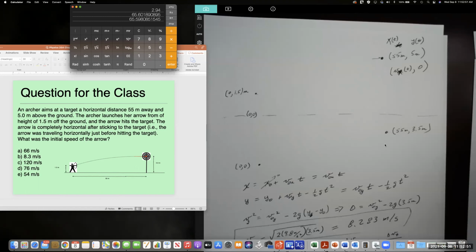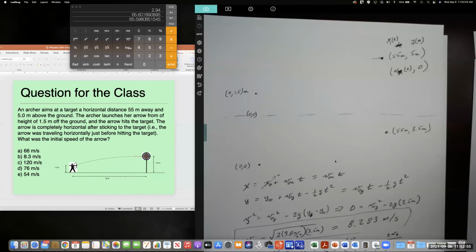So I just moved my equations up to here because I wanted to get the speed of the arrow, and that was all I was going to worry about. Had I not done that, I would still have had x 0, but my y would have been 5 and 1.5, which still would have had the same 3.5 when I moved it over here.